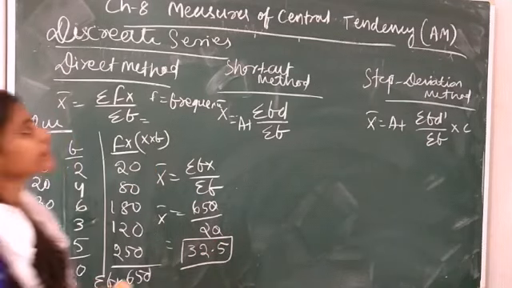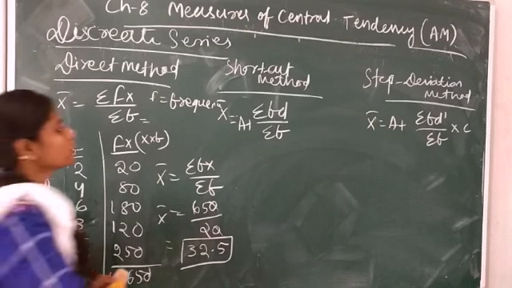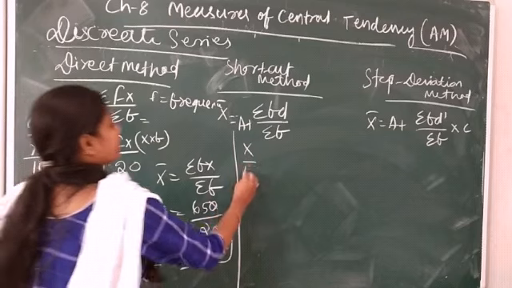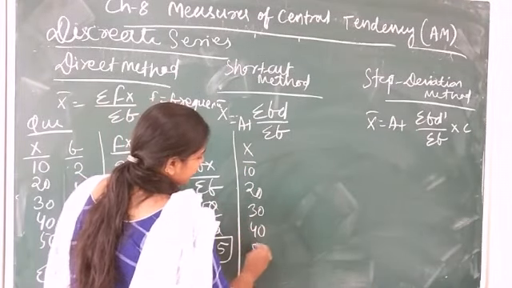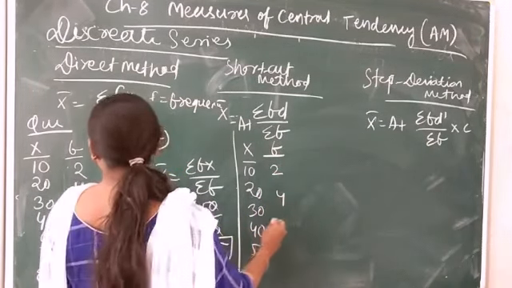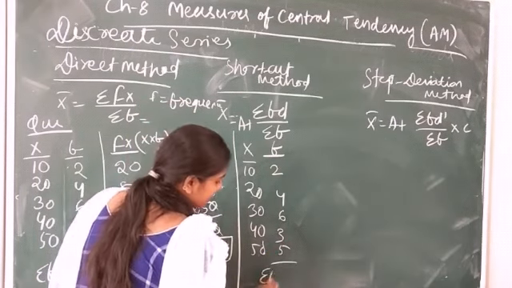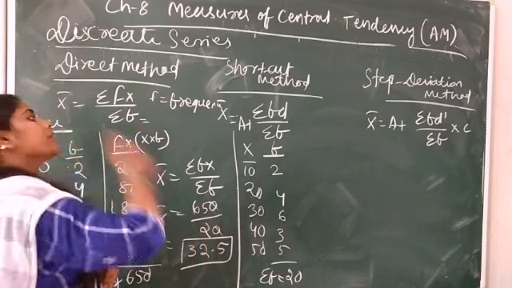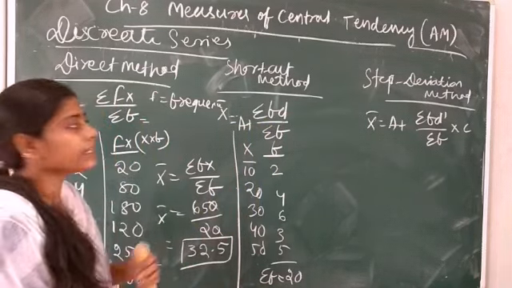Same, we will calculate the arithmetic mean from the shortcut method. So in the shortcut method, x equals 10, 20, 30, 40 and 50, and the frequency is 2, 4, 6, 3 and 5, and the sigma f is 20. So here we require d and the assumed mean.